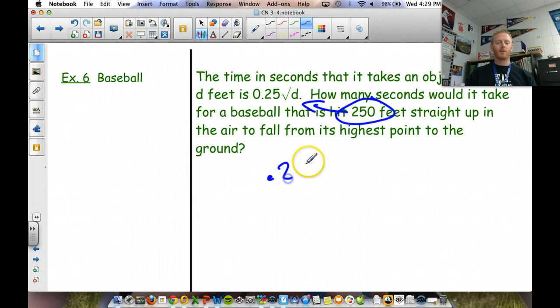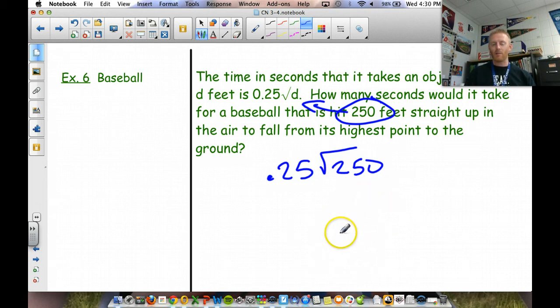So 0.25 times the square root of 250. So into my calculator, I'm going to type in the square root of 250, which is 15.811333, and I'm going to leave that in my calculator, and then I'm going to multiply it right away by 0.25. If I round it to 15.8 and then multiply by 0.25, it's going to change my number drastically.